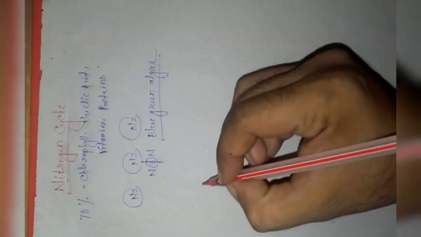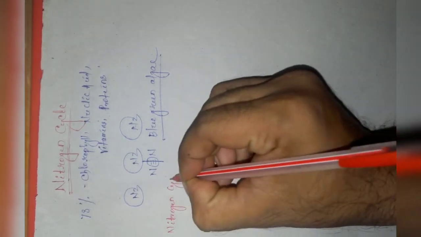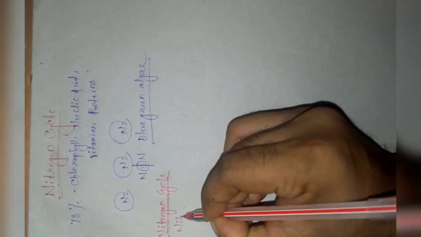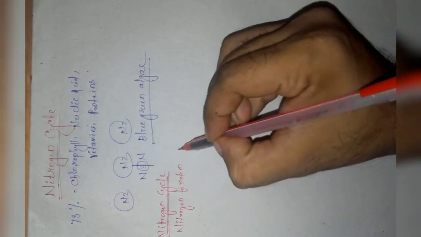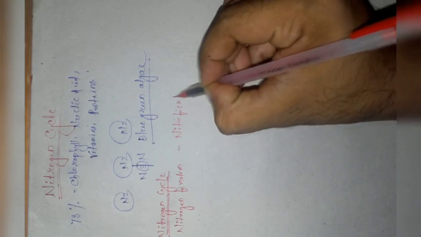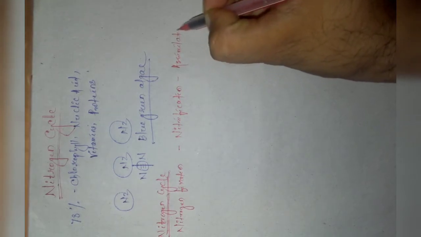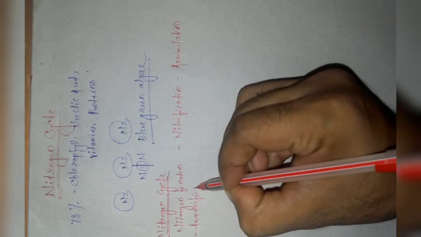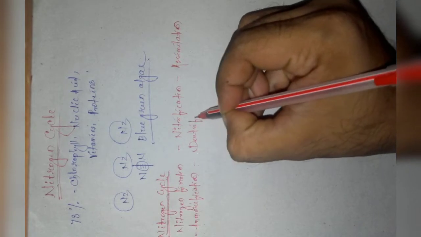So the steps of the nitrogen cycle: first one is nitrogen fixation. Second one is nitrification. Third one is assimilation. Fourth one is ammonification. And last one is denitrification.